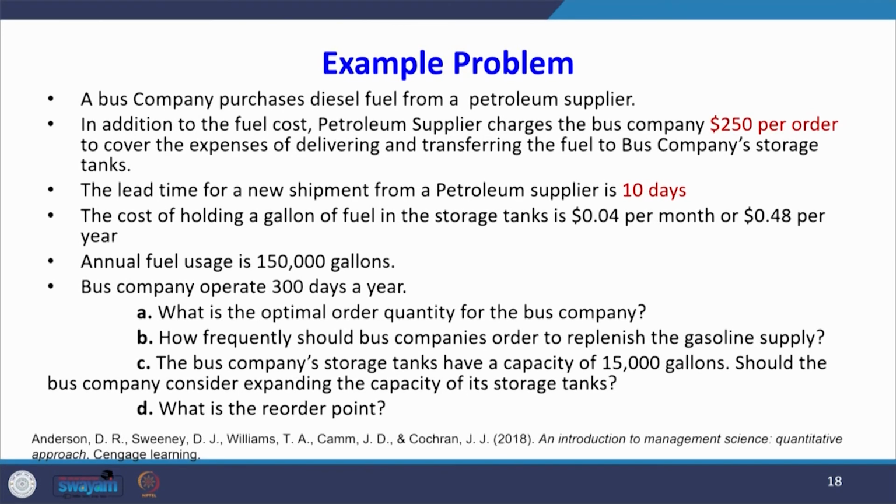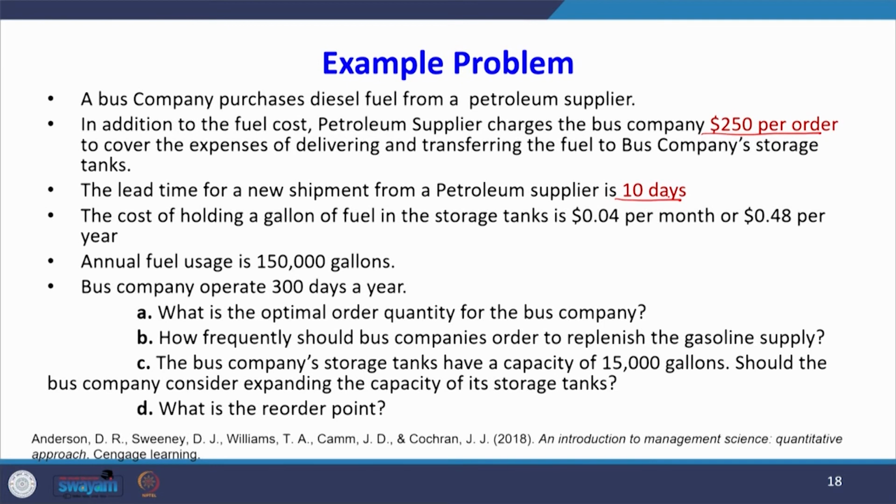In addition to the fuel cost, the petroleum supplier charges the bus company $250 per order. So, we have the ordering cost to cover the expenses of delivering and transferring the fuel to the bus company's storage tank. The lead time for a new shipment from that petroleum supplier is 10 days.